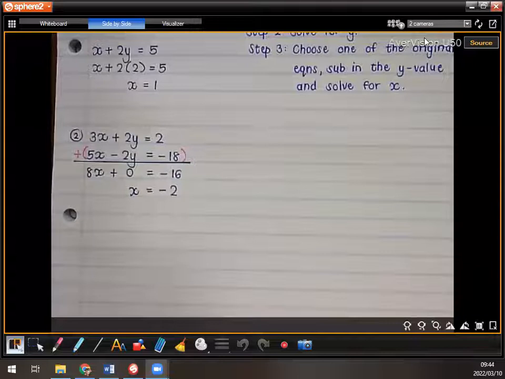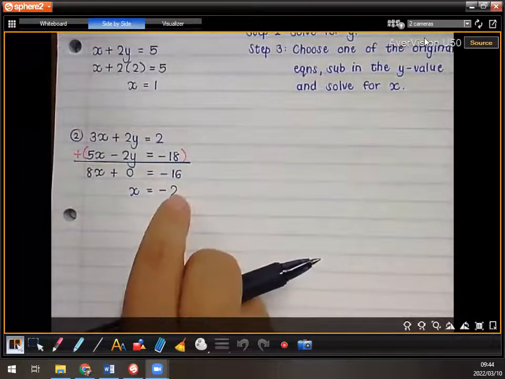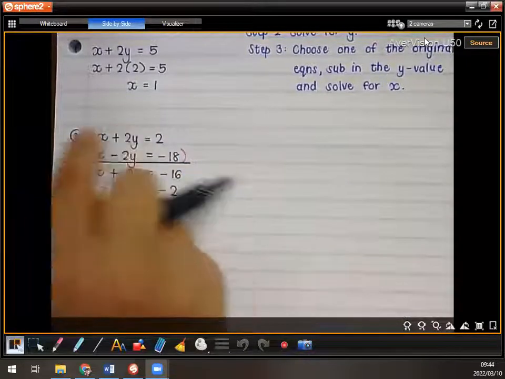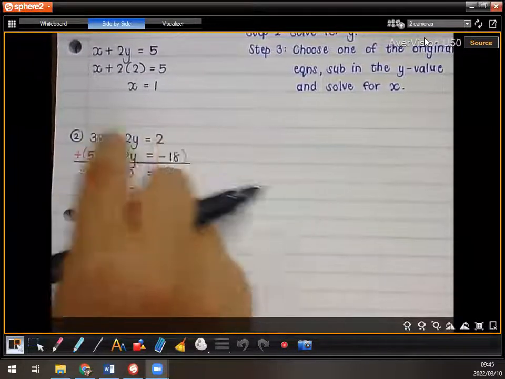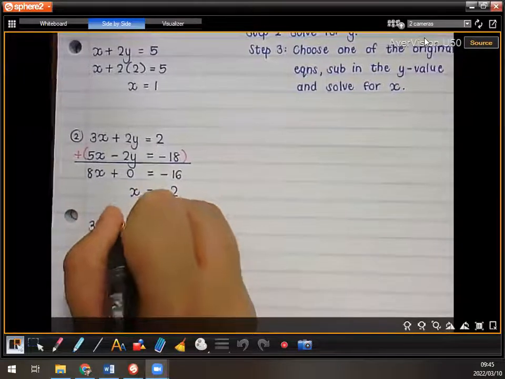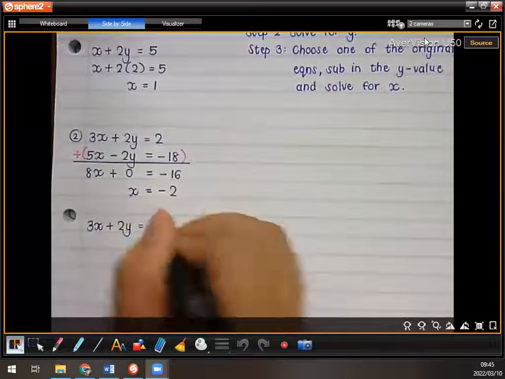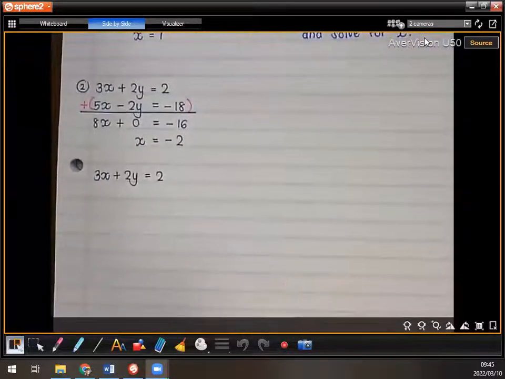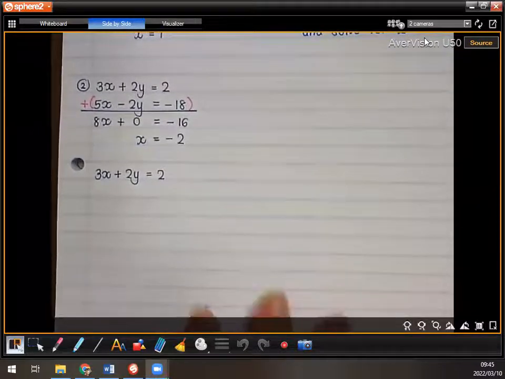Okay, now we need to choose an equation to sub this x value into in order to solve for y. And we do the first one again. Okay, so 3x plus 2y equals 2. I'm just rewriting it. You don't actually have to rewrite it if you don't want to.